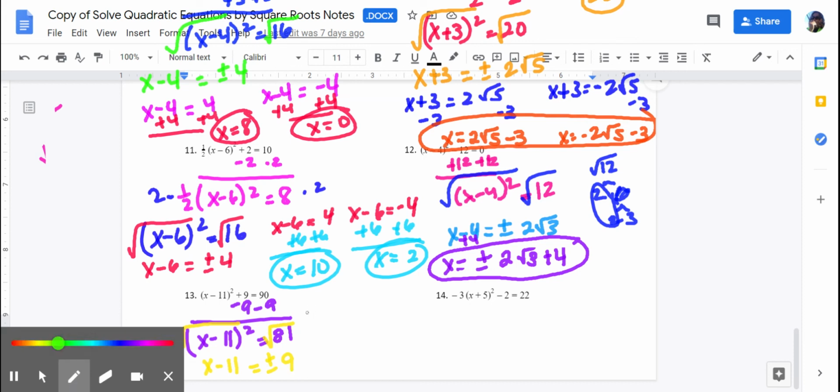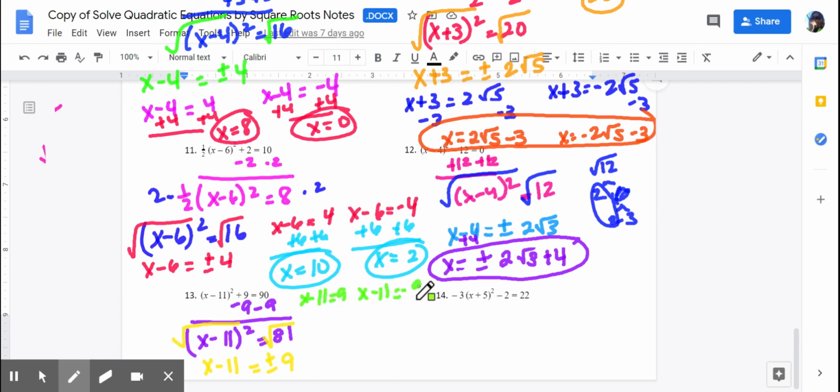So then x minus 11 equals 9, x minus 11 equals negative 9. We add 11 to each side. So one answer will be x equals 20. Add 11 to each side. And the other answer is x equals 2.